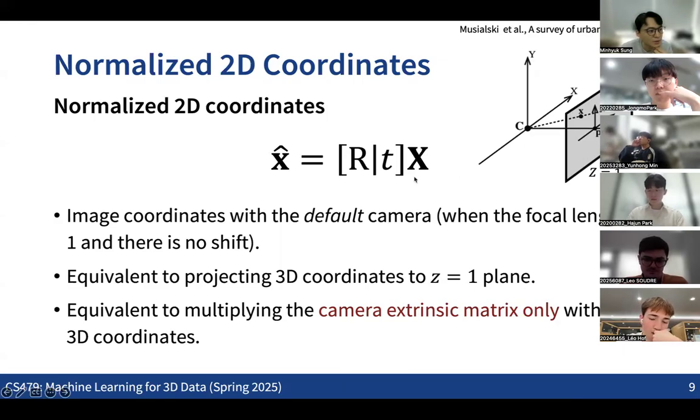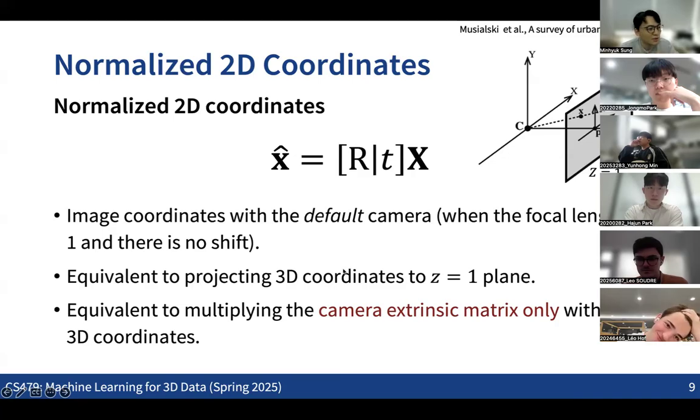Right? So when you see the capital X and the X hat here, these two are basically homogeneous coordinates. Having only the extrinsic parameters of the camera here, multiplying without the intrinsic matrix, and considering the output as homogeneous coordinates is basically the same. It's like we are projecting all the points in 3D space into the z=1 plane.